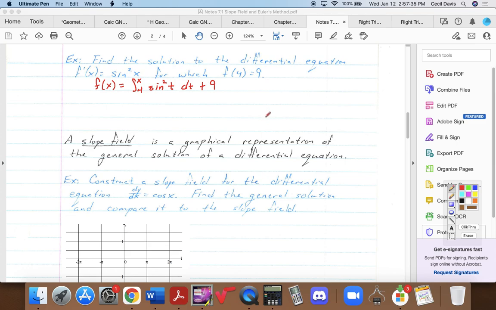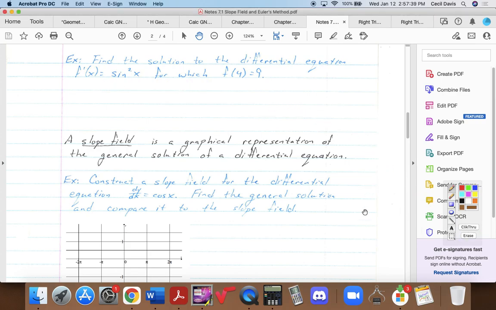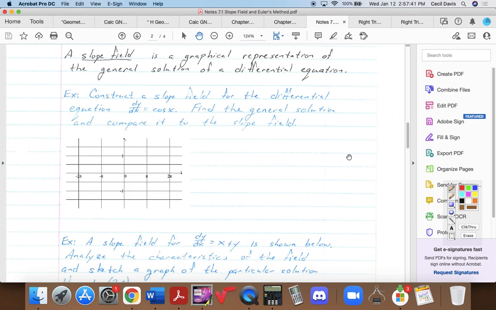Okay, next, slope fields. Slope fields are actually kind of fun. You may have heard that AB has started doing these already. We're in slightly different places because you guys have done integration by parts and partial fractions and some of those other ugly things that they haven't done because they don't have to do them.